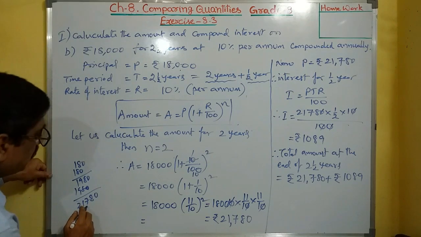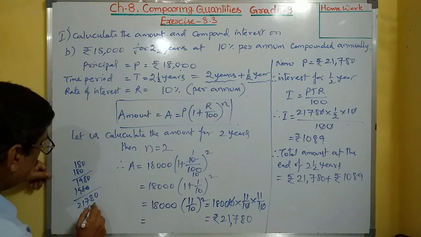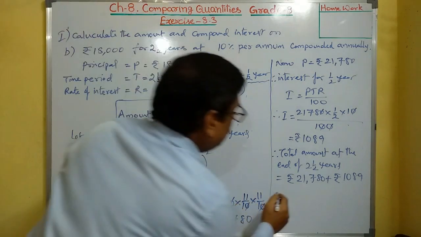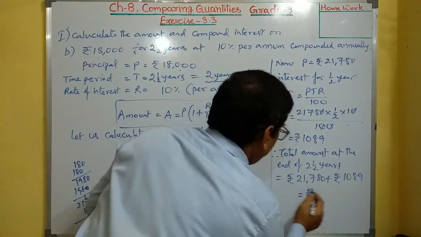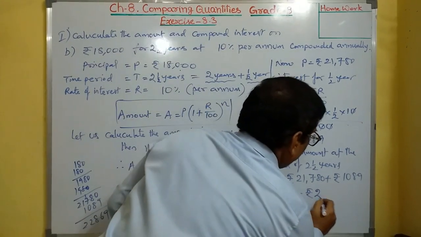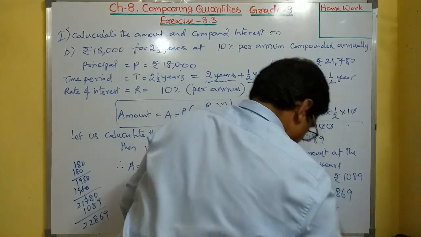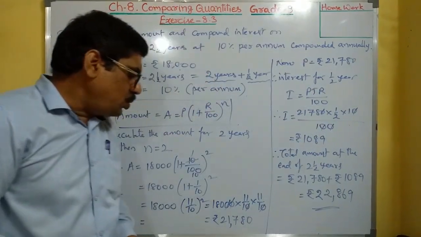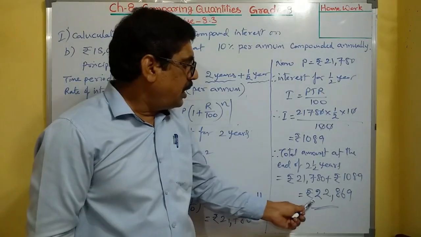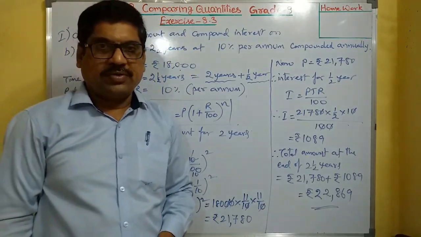Now let us add 21,780 and 1,089. We get 22,869. So this is equal to rupees 22,869. This is the amount to be paid at the end of 2.5 years.